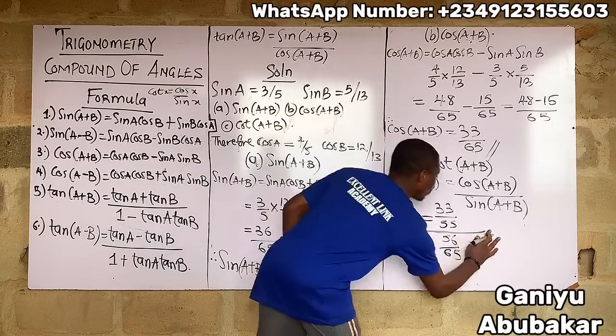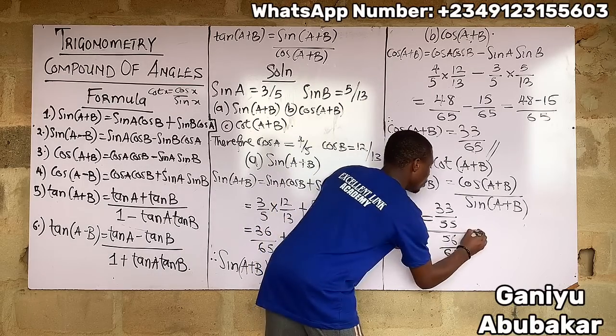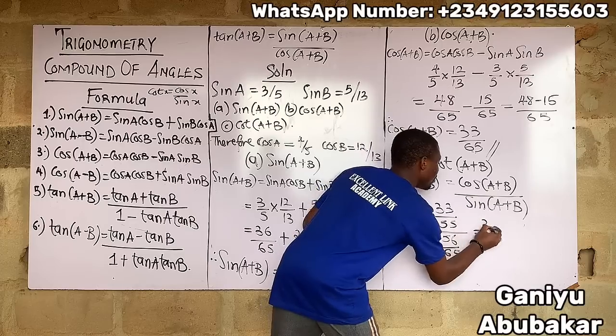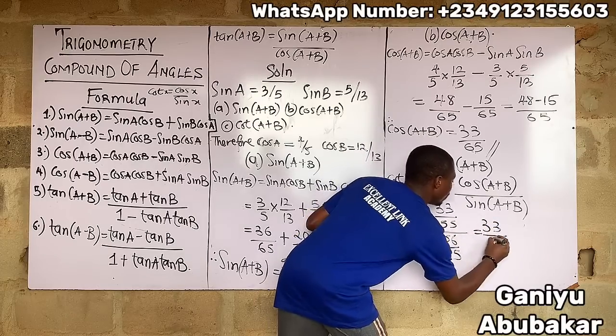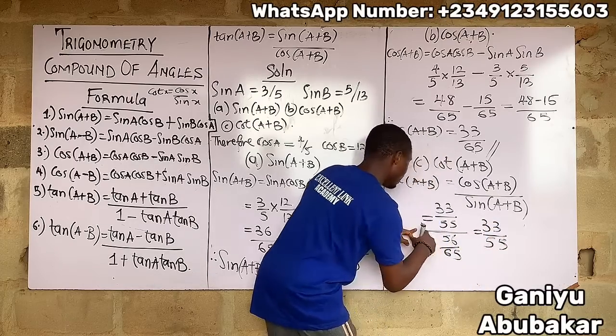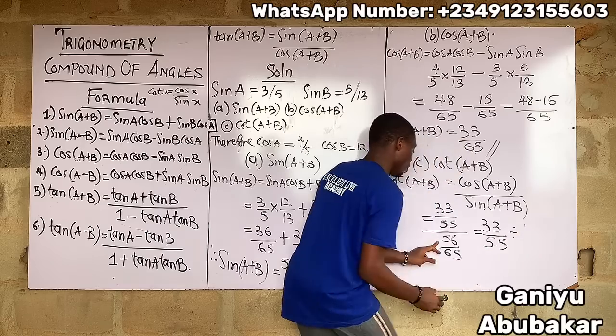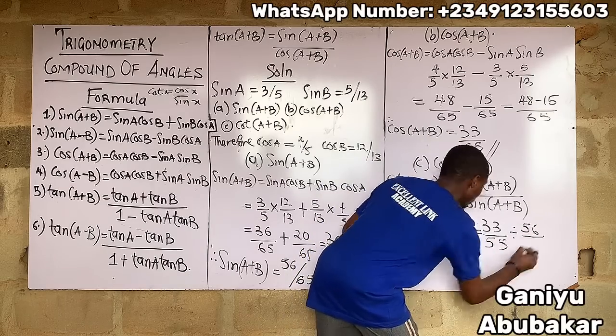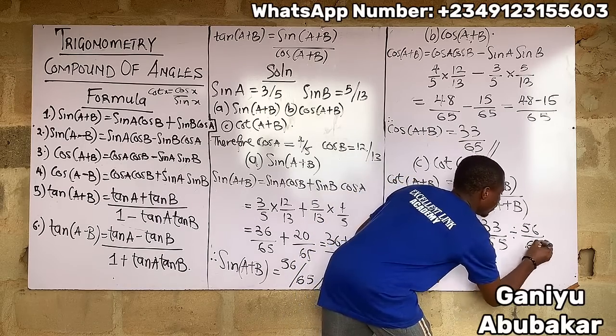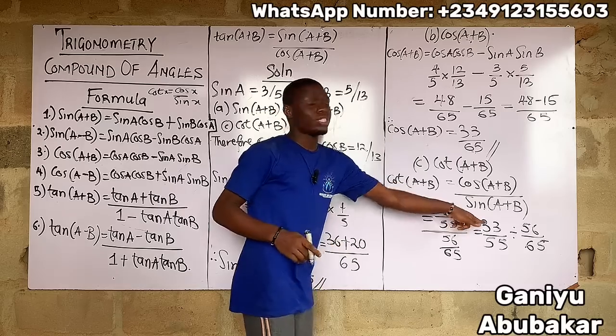From here now, I can write 33 over 65, divided by 56 over 65. Apply the reciprocal concept from here.